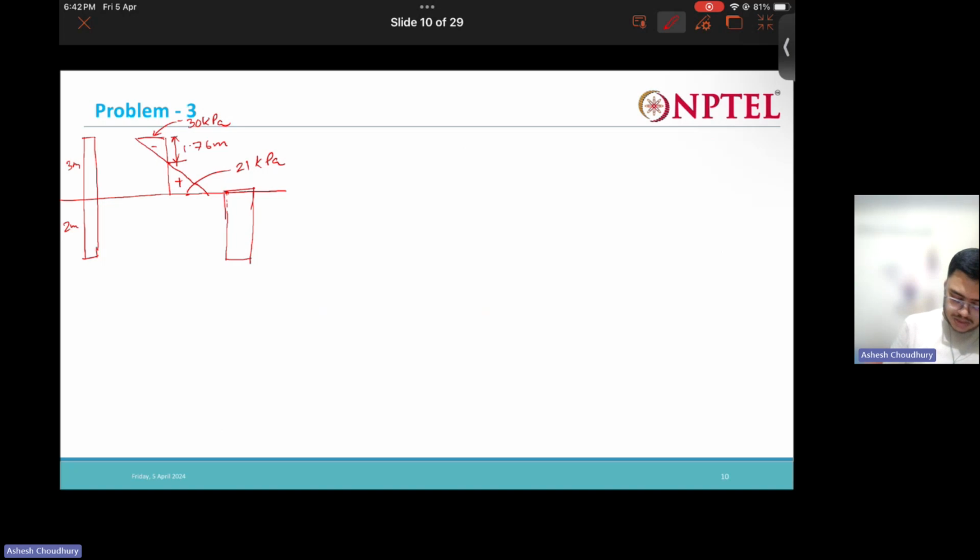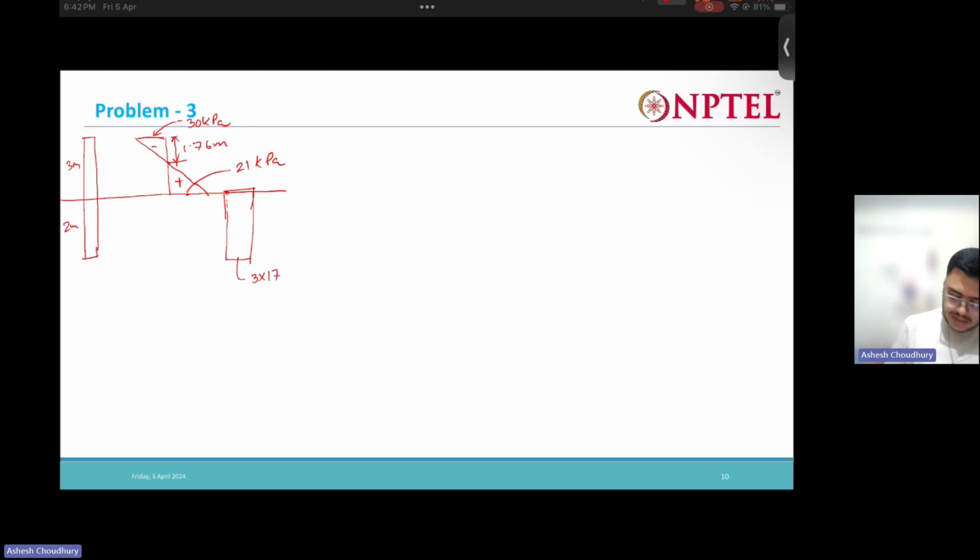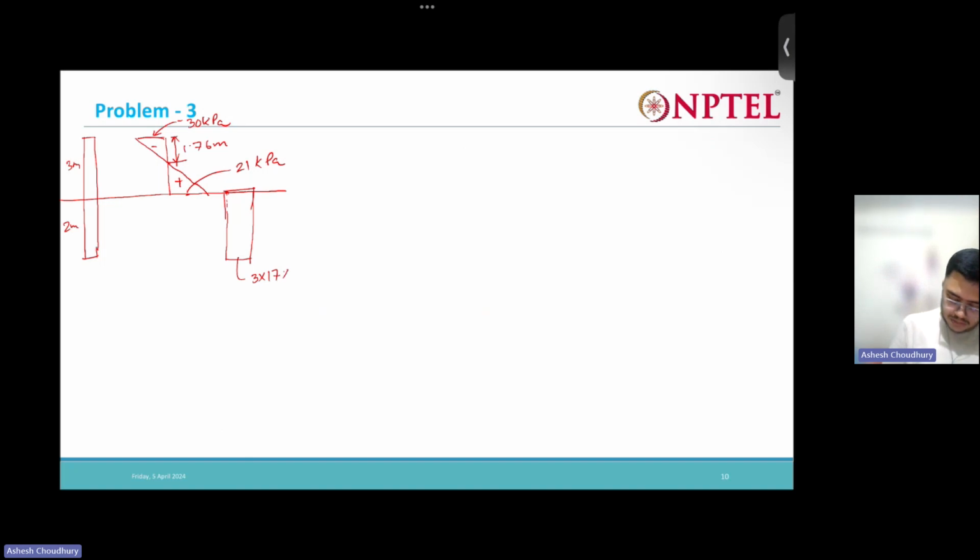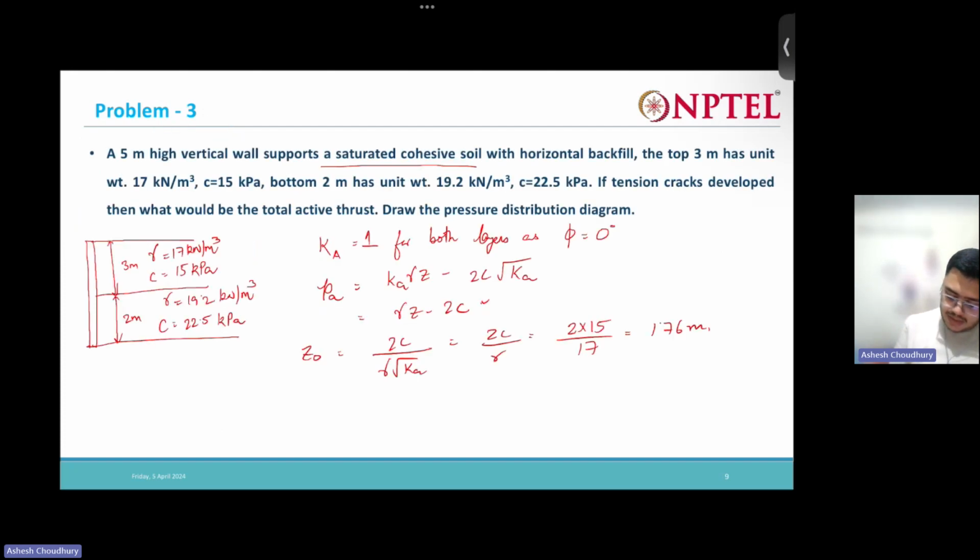How much will this be? This is nothing but 3 into 17. Just considering the upper layer surcharge, we are doing 3 into 17 into K2. What is K2? It is 1. So it is nothing but 3 into 17. This is positive. Plus, along with that, again you will be having this. So it is minus 2 into 19.2 now.